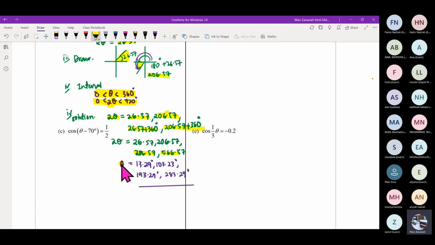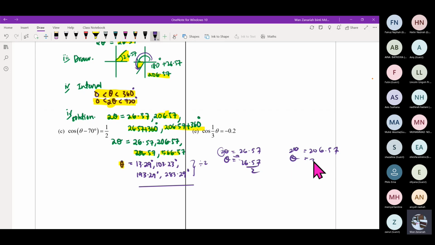At the end of the day, we want theta. So, macam mana dapat 13.29? How do you get 13.29? Divide 2. Biasalah. If 2 theta is 26.57, so kalau cikgu nak theta, 2 ni buat pergi sini jadi bahagi 2. So sama juga 2 theta equals to 206.57.